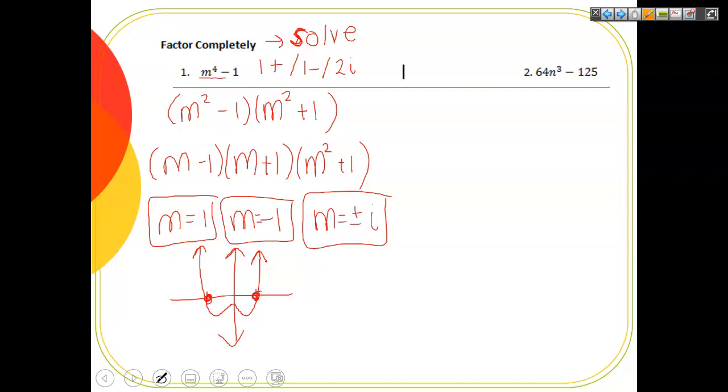And if it's a quartic, it has to have 3 extrema. We also know that the y-intercept was negative 1, and we knew my 2 zeros were at 1 and negative 1. So that's how I knew this point happened here. And then I knew I had to have my extrema within there.